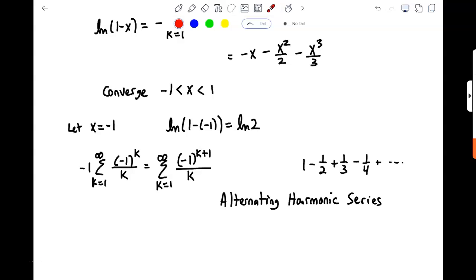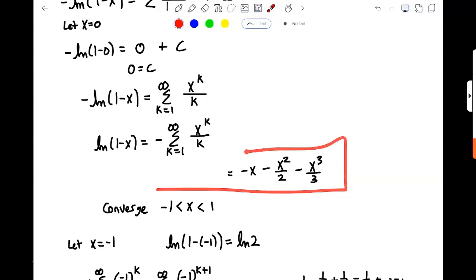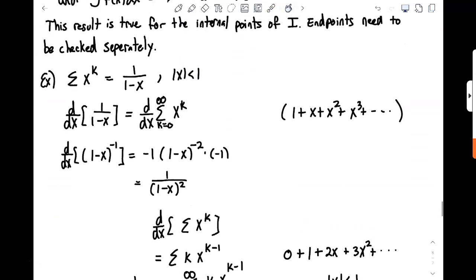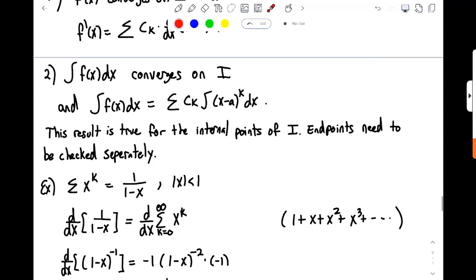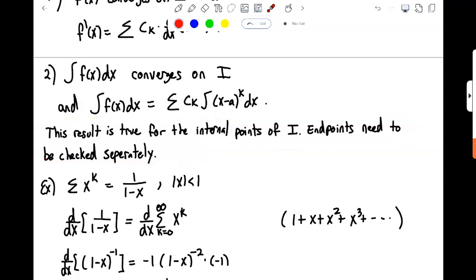Since if we plug -1 into the original function, it does give us ln of 2. And it actually turns out it does. But we can't say that with our result from the integral, simply because the result only guarantees that the integral converges to the integral of the pieces for the interior points only.